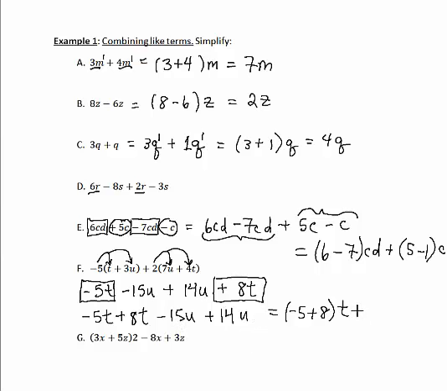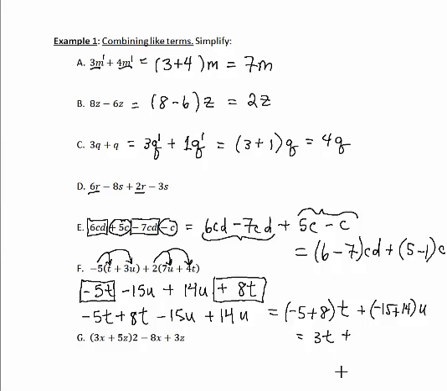So we could write plus parentheses with a negative 15 and a plus 14 inside, and then put the u behind the parentheses. For the first set, we have negative 5 plus 8, which is 3. So we write 3t.